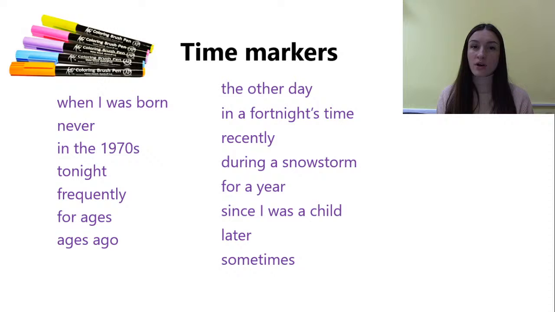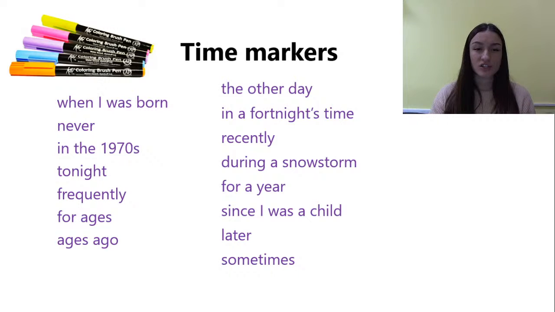In English, there are present tenses, past tenses, and future tenses. And time markers are special words that help us understand which tense we have to use. For example, when we use "when I was born," we might need past tense. Or when we say "tonight," which is future, we might use will or going to talk about future plans or intentions.